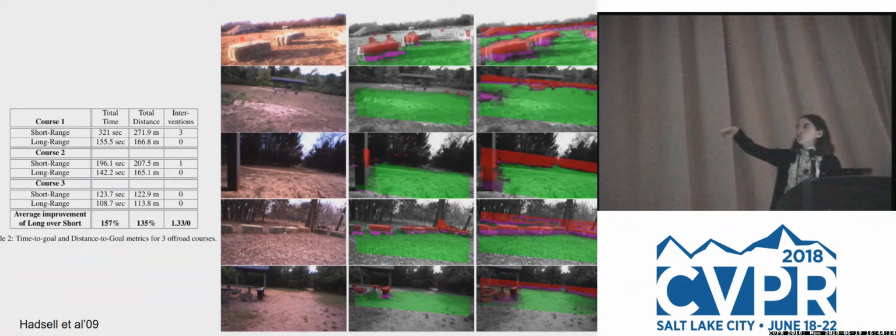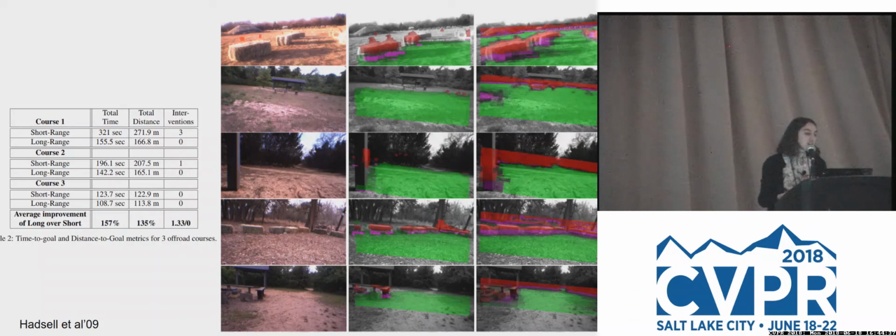Again, they show the input image, what you would have seen only by your reliable stereo sensor, and what you could see by additional learning. And to the left, you can see how much time they can save by using this long-range planning. Because if they can see farther, they can plan better.